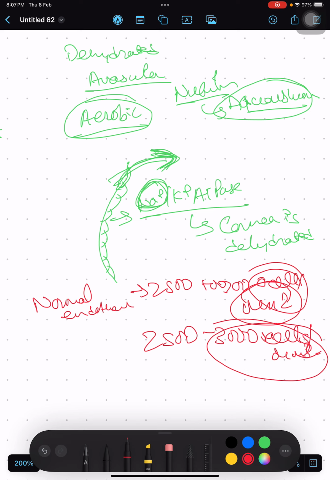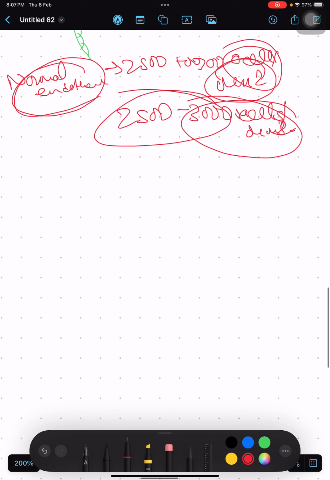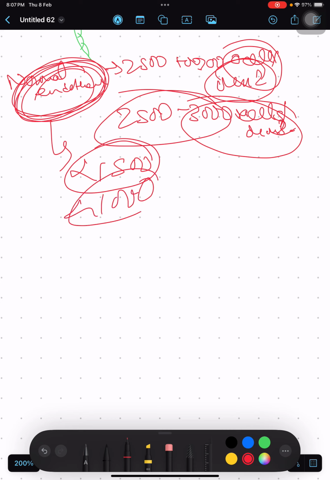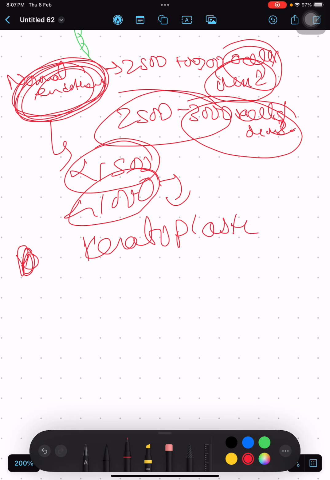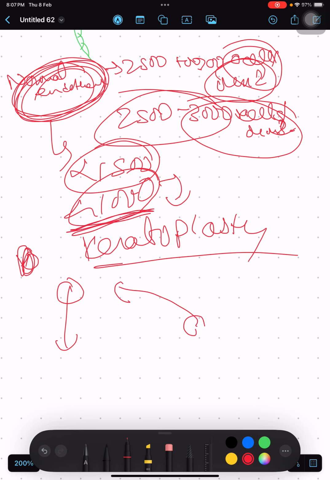Because whenever we go through certain investigations and check the endothelium, if it is less than 1500 or less than 1000, then that cornea will not be suited for keratoplasty. That means I am taking out the diseased cornea and replacing it with healthy cornea. So if the cornea has only 1000 cells per millimeter square, then I cannot take that cornea and replace it in someone.